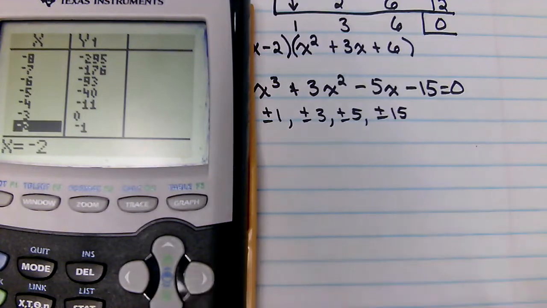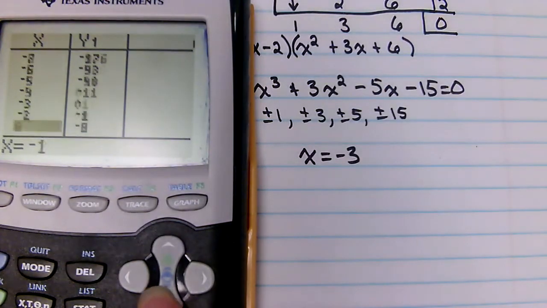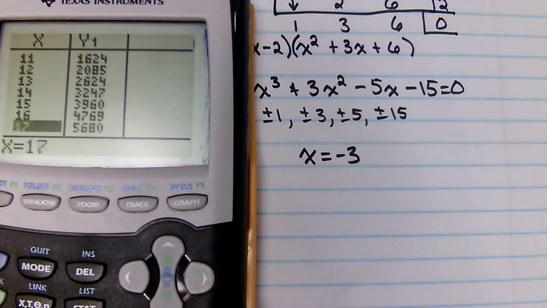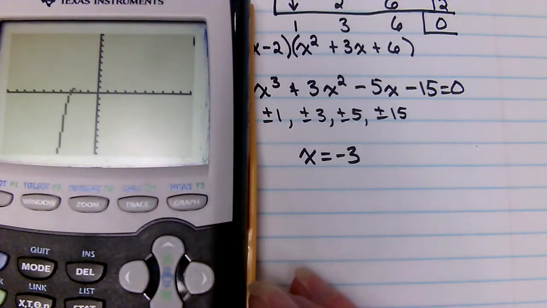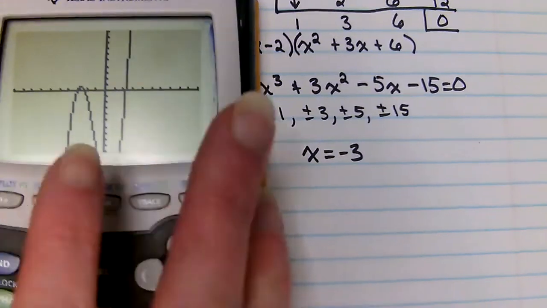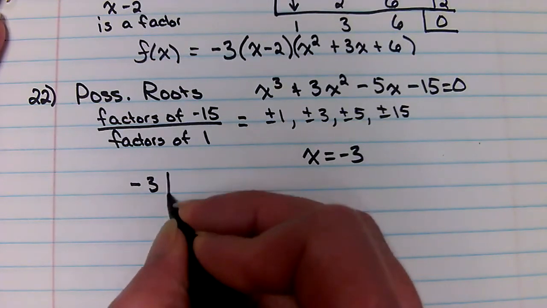Oh, negative 3 works. Oh, no. Is that the only one that works? Oh, the other ones are going to be ugly decimals. So I need to use synthetic division.